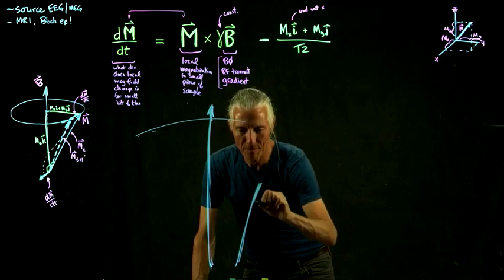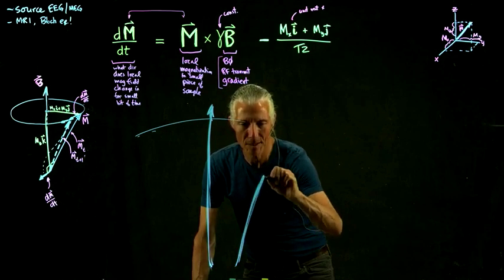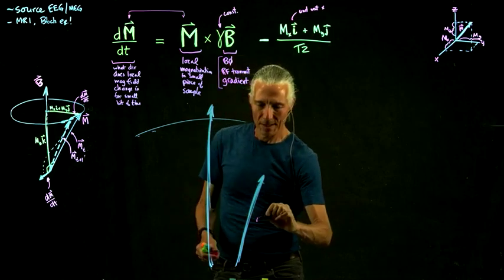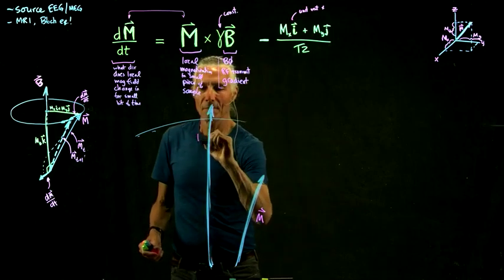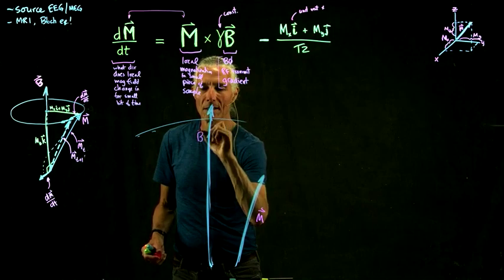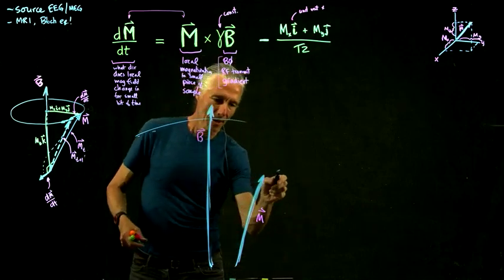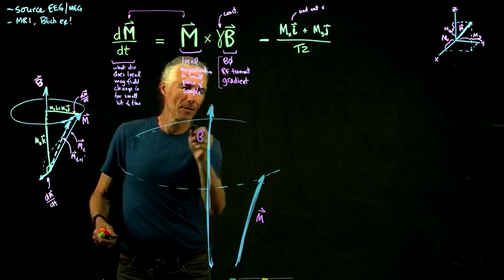I'm drawing these things bigger than they are so we can see them. So this guy is the m, and this guy is the b. And here's the direction these guys are going around.